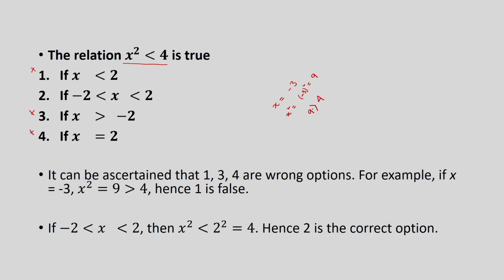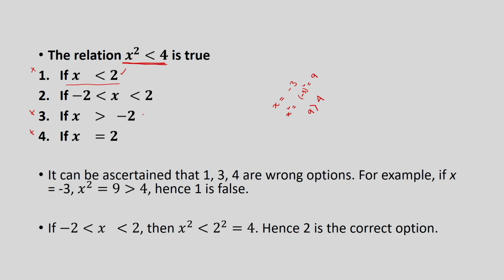Okay. So, this is not being satisfied. We needed x square to be less than 4. What we are getting is x square is greater than 4, right. So, x being less than 2 does not mean that x square is less than 4. So, that is why the first one is not correct.